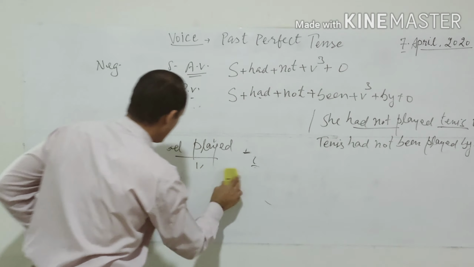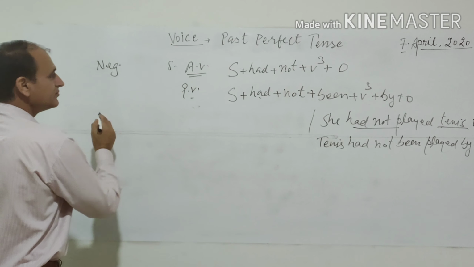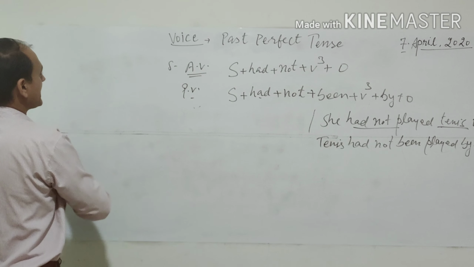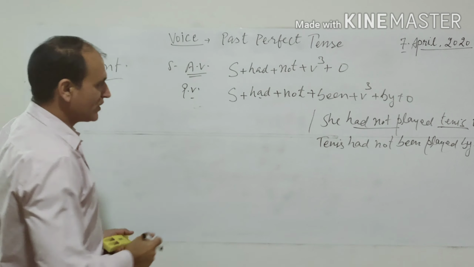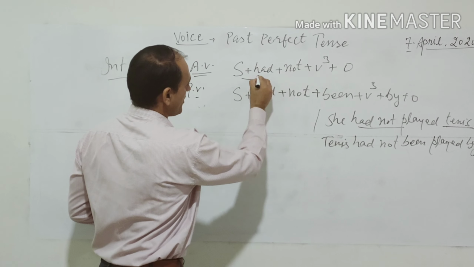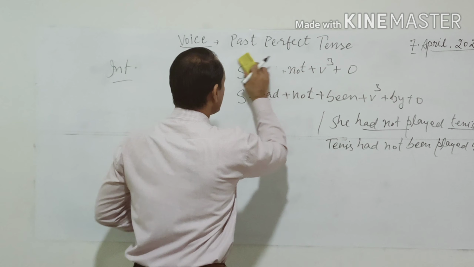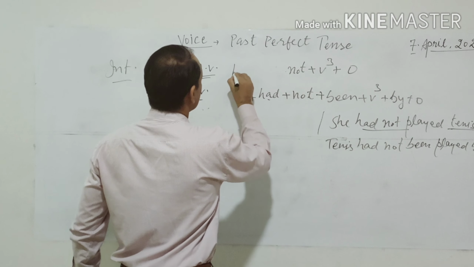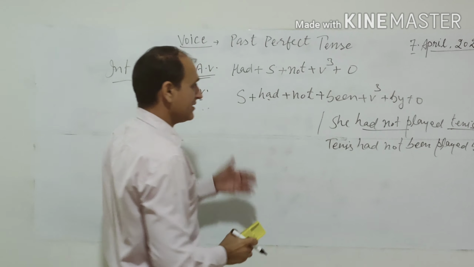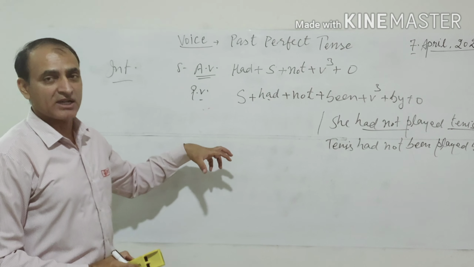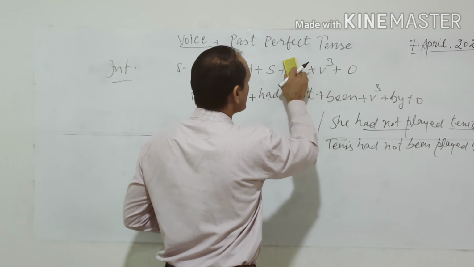Moving to next will be the interrogative structure of the sentence. If we change a negative sentence into interrogative, we know it very well, we'll be switching the place of subject and helping verb. So let's bring had first. Had plus subject, and because this is only interrogative, not interrogative negative, we'll drop not also from here.